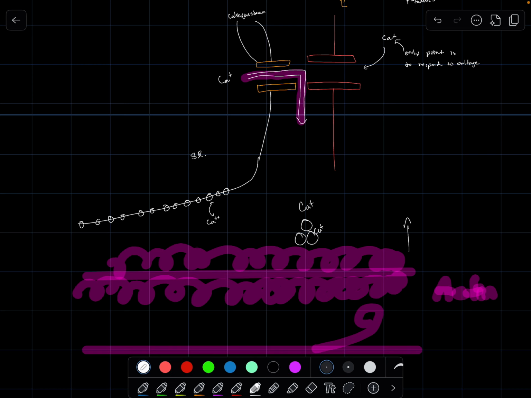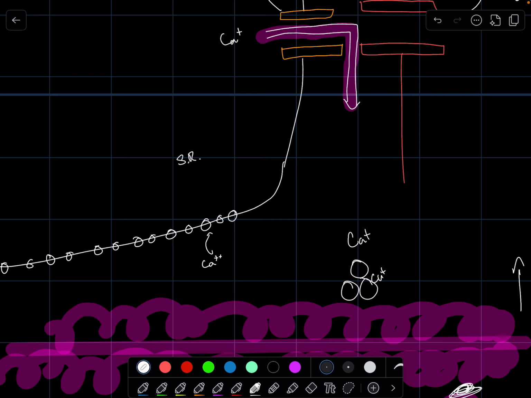It's down here too, but tropomyosin will release. Myosin then bonds here, allowing for that reaction, or the contraction, to happen. But we also need to remember that if calcium stays put, then we can't go into a relaxed state. So calcium has to be taken up into the SR through pumps here.